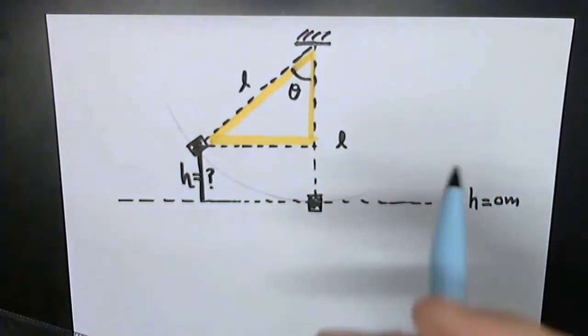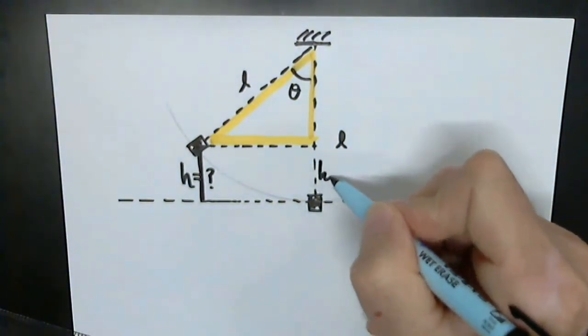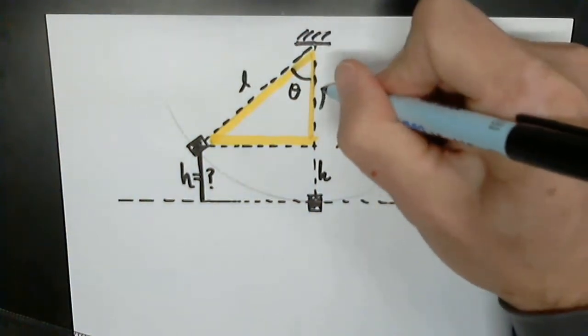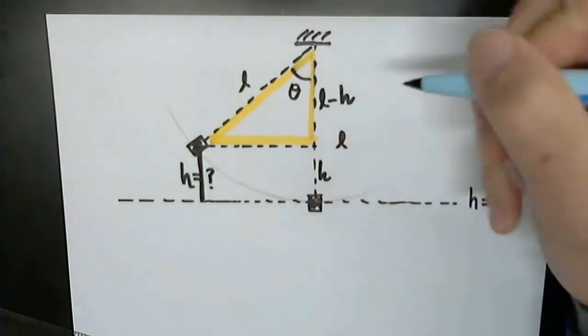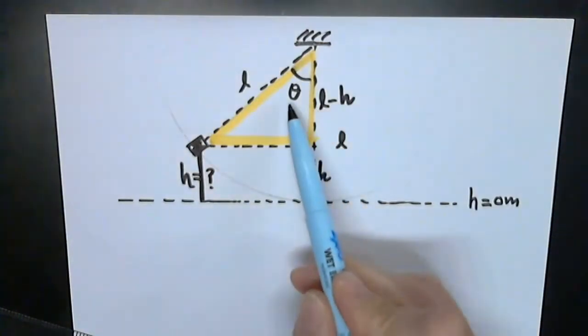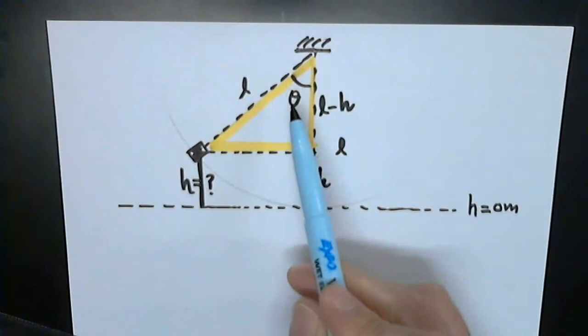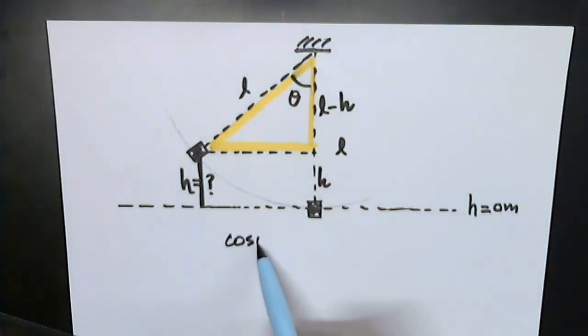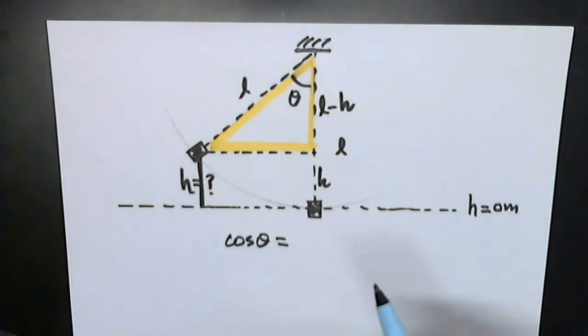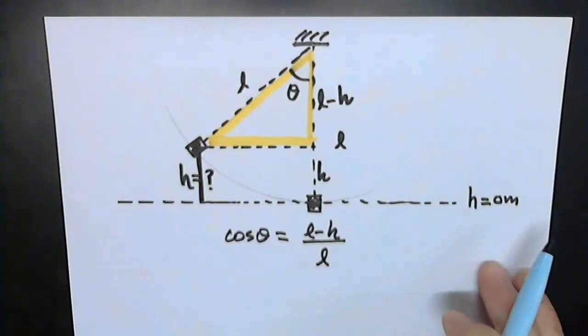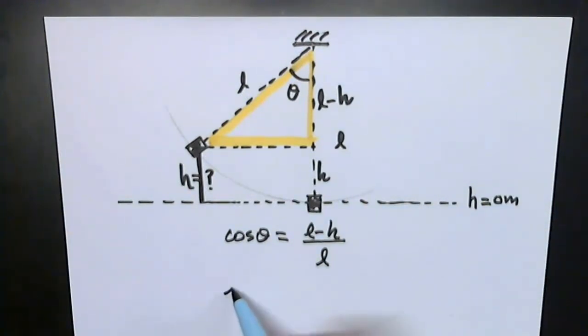And because this is also h, this over here is L minus h, and L minus h is adjacent to the angle, so cosine of the angle is adjacent over the hypotenuse. So you multiply by L and you solve for h.